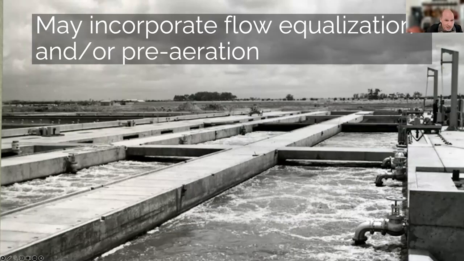So one of the ways that you can effectively deal with these changes in flow is to have basins that you can use to hold flow and regulate it, so that you've got a consistent process in your wastewater treatment plant and you're not being subjected to these rising and lowering tides, if you will, of flow that's coming through the collection system.